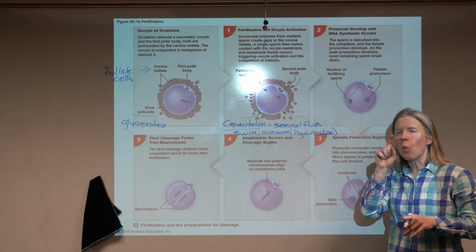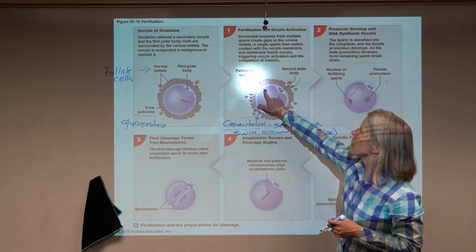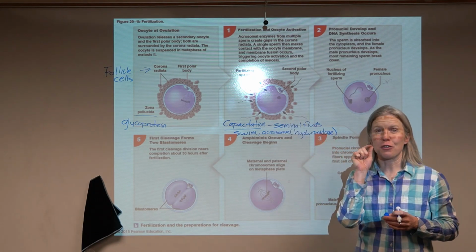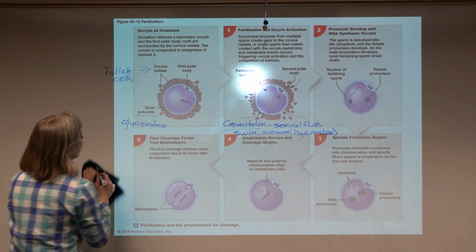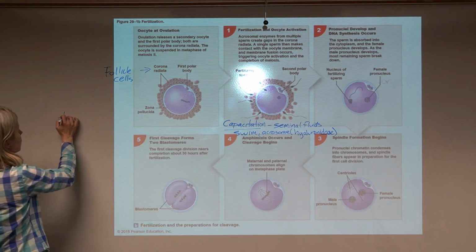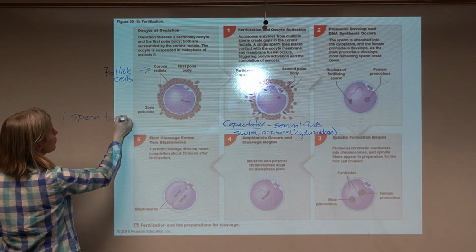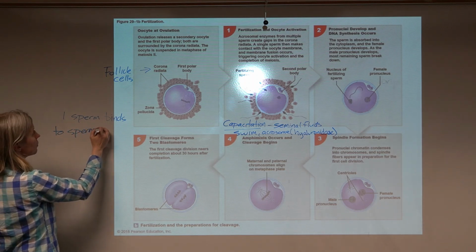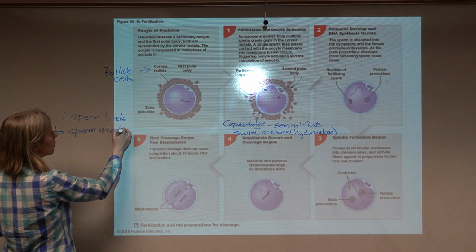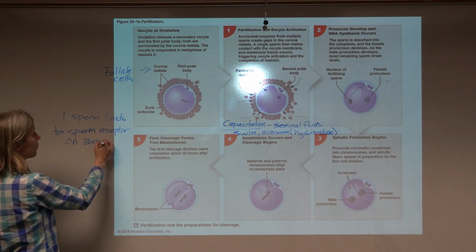And one single sperm then is going to come in contact, I guess it was this guy, with a receptor on the zona pellucida. So a single sperm binds to the sperm receptor on the zona pellucida.